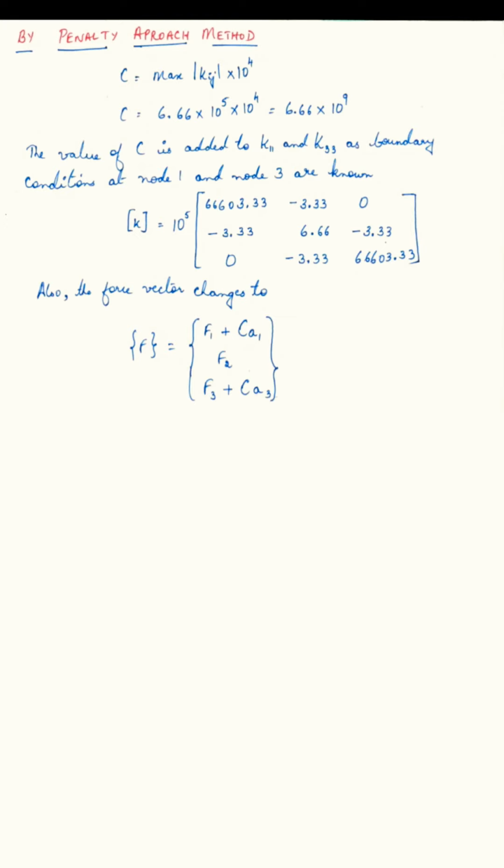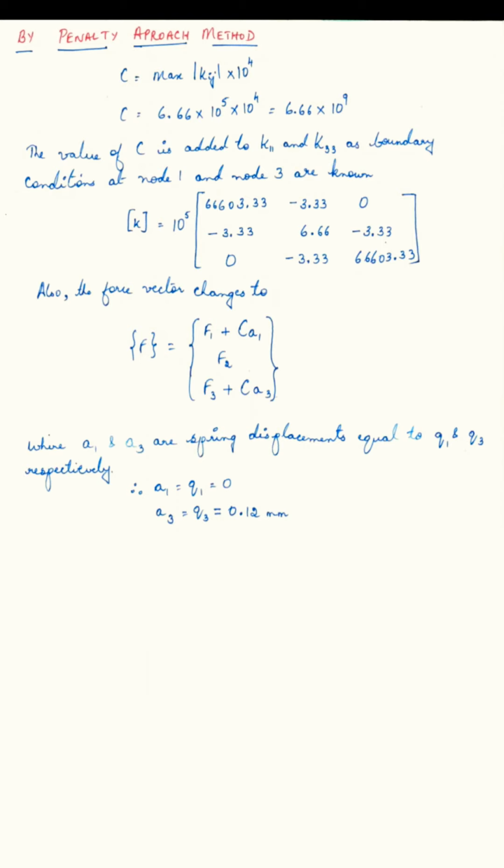So F1 plus CA1 and A3 will correspond to the displacements at node 1 and node 3. Displacement at node 1 is 0, displacement at node 3 is 0.12 mm. So the values substituted will yield the force vector as 0. The force at node 2 is 16 into 10 to the power of 3.